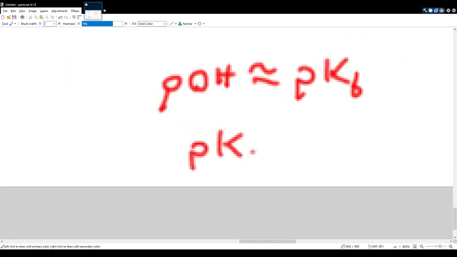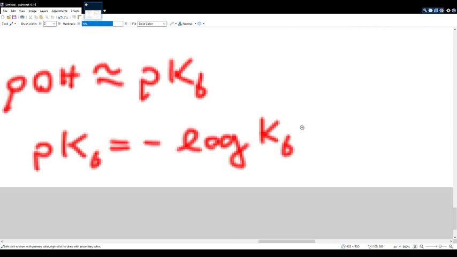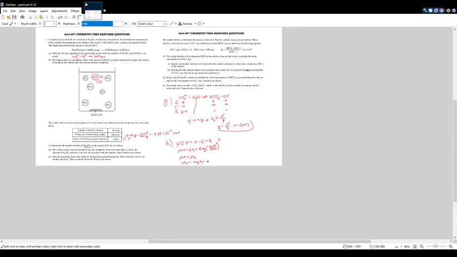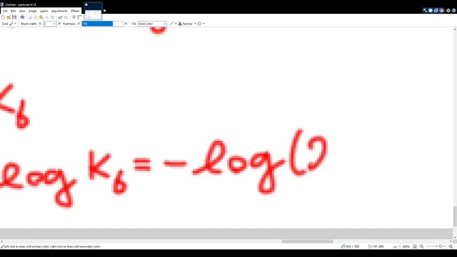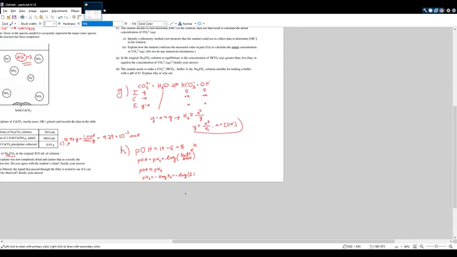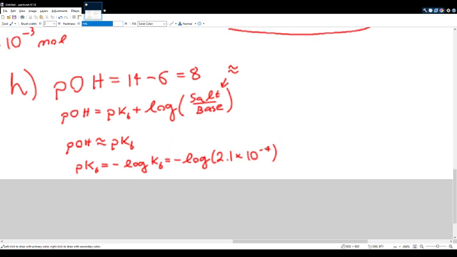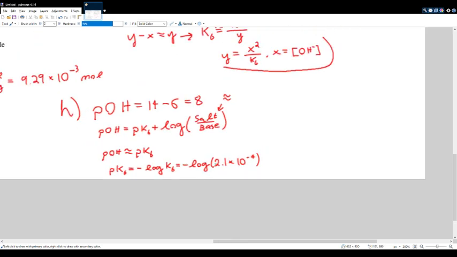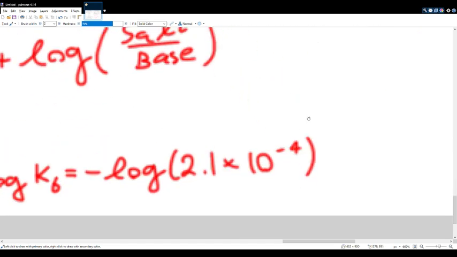pKb is equal to the negative log of Kb, which is the negative log of 2.1 times 10 to the negative 4. And while you don't really need to physically calculate this, I did, but it doesn't really matter for your justification because this value is going to be approximately equal to 4, or no greater than 4.